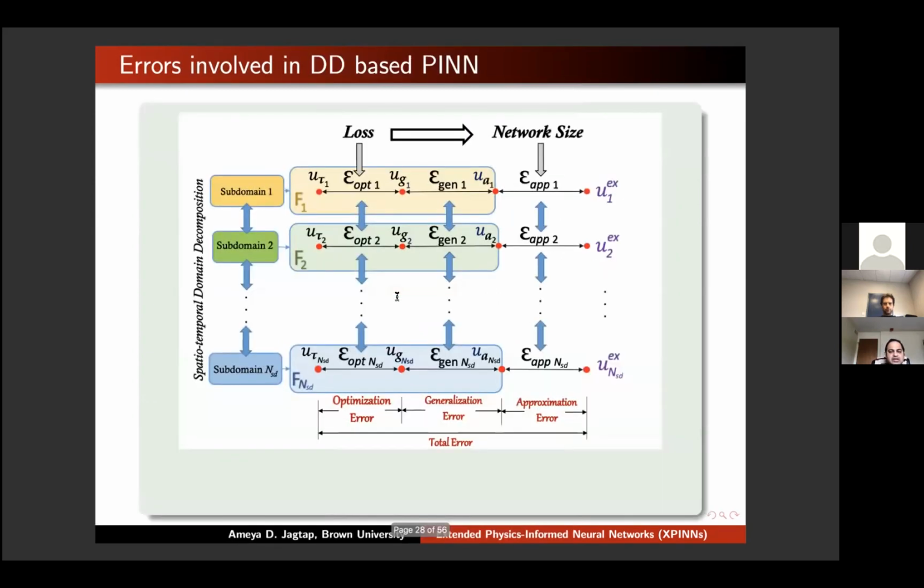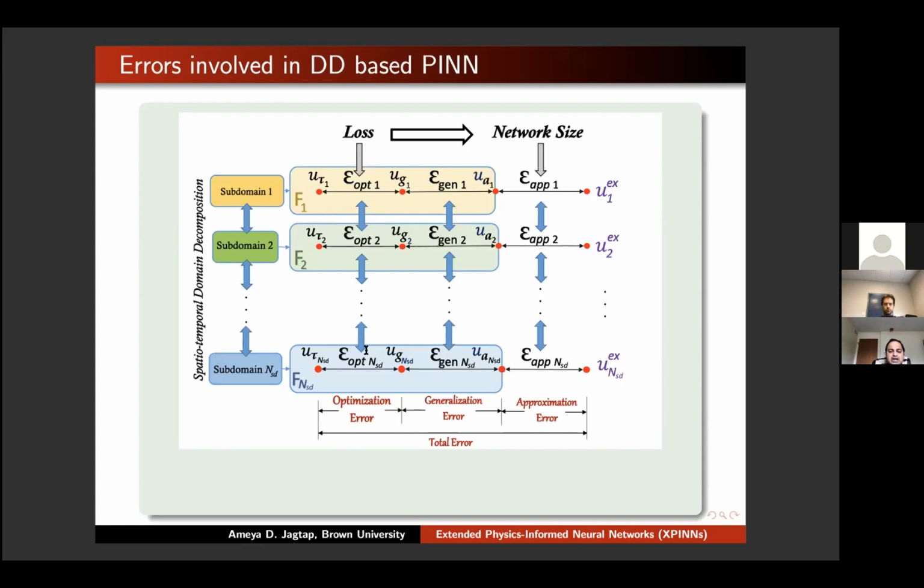So in case of domain decomposition based PINN, this is the scenario. So instead of just a single whole domain, we have subdomains which are connected. So that's why this blue double-headed arrow is there. And we have a function space for each network, depending upon the network size and the structure of the loss function. And we have optimization error, generalization error, and the approximation error for each network individually.